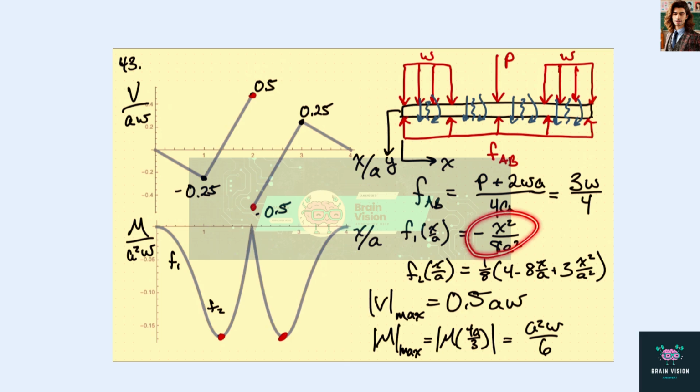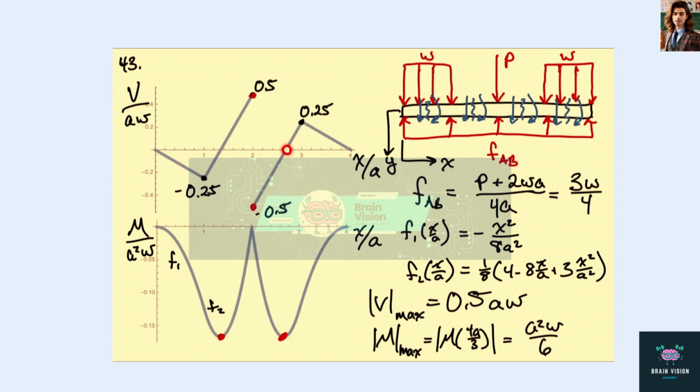So here we have minus x squared over 8A squared, which is this parabola, and then this one here is given by this formula. And we can see that the bending moment is going to be 0 at this midpoint here, and we can figure out where this maximum occurs, because we know the extrema of the moment occur whenever the shear force goes to 0.